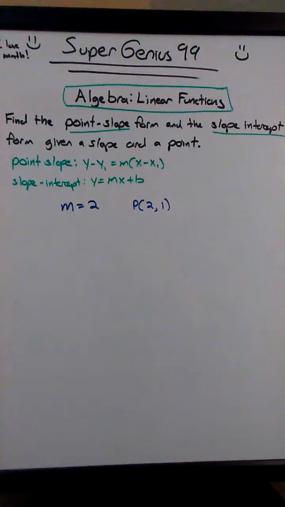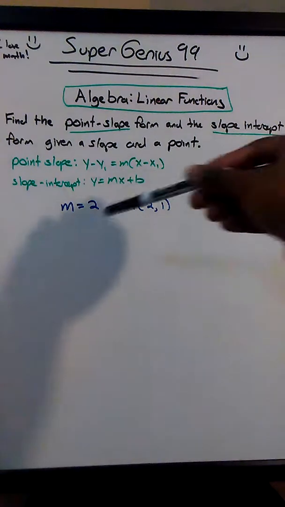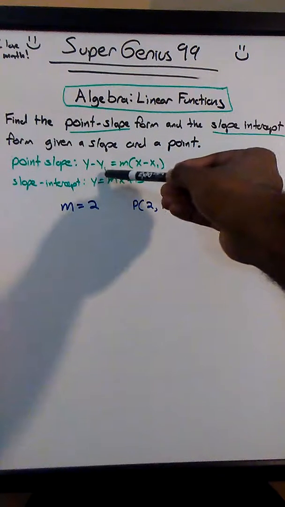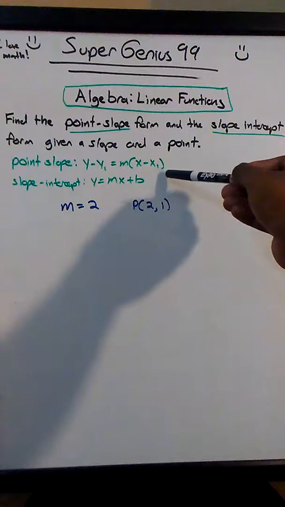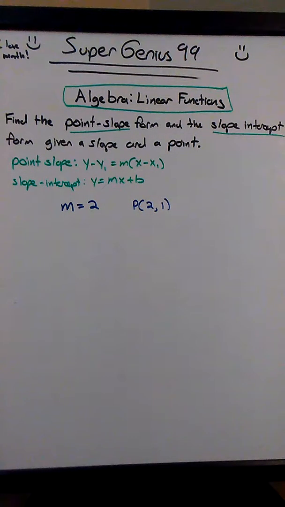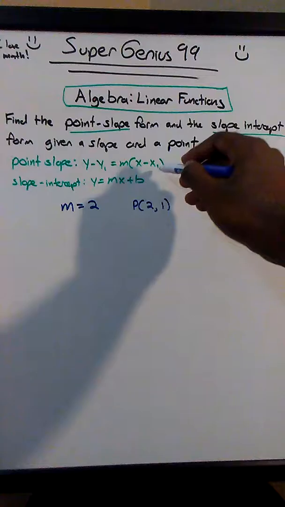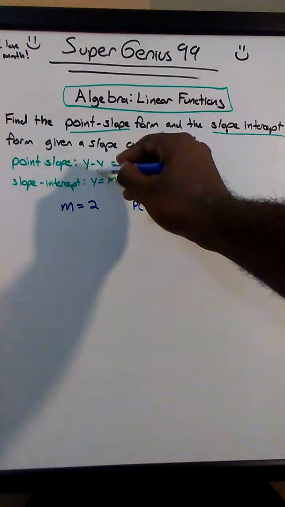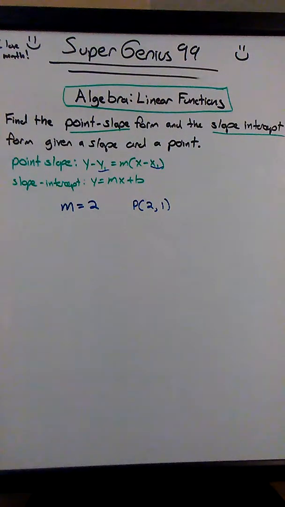And just in case you forgot what point slope and slope intercept look like, I wrote it down. So the point slope is y minus y1 equals m times x minus x1, and the slope intercept is y equals mx plus b. And so these y1s and these x1s, this is usually the xy coordinate of what they give us.